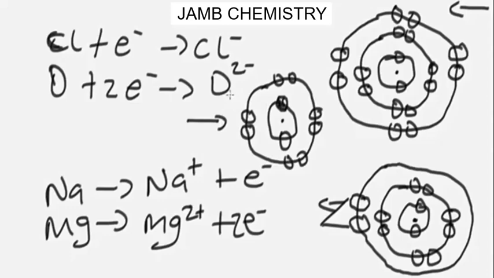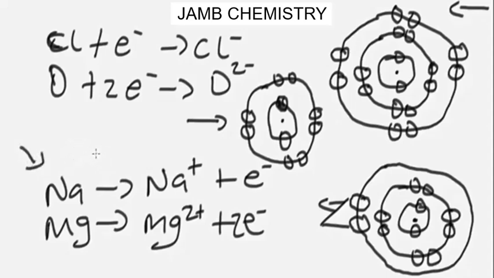Now note that elements in the same group all have the same number of outer electrons, so they have to lose or gain the same number to get a full outer shell, and this means that they form ions with the same charge. Just like group 1 elements, they have 1 electron in their outer shell. Examples of elements in group 1 are sodium, potassium and lithium.